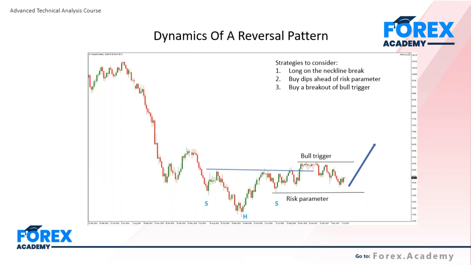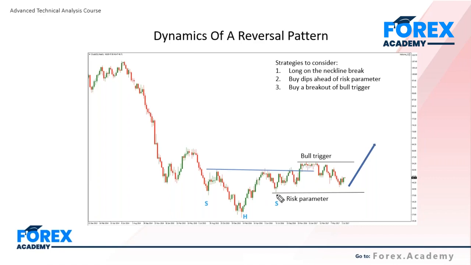Once the neckline is broken, we need to identify where our key risk parameter is. In a head and shoulders environment, when you see this pattern, and in this instance we're dealing with an inverted head and shoulders, the low point of the right shoulder marks the key risk parameter. This basically means that for this pattern to remain valid, we need to see price action hold above the risk parameter.